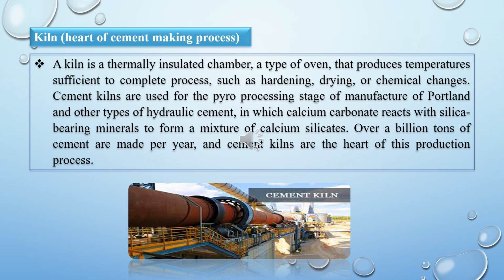And at the end, it was said that there are different kinds of reactions which occur in the kiln, like the reaction of silica with calcium carbonate, and that the kiln is known as the heart of cement production because millions of tons of cement are produced by using the kiln.